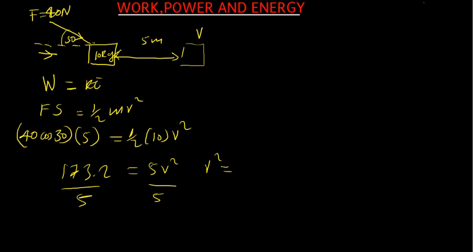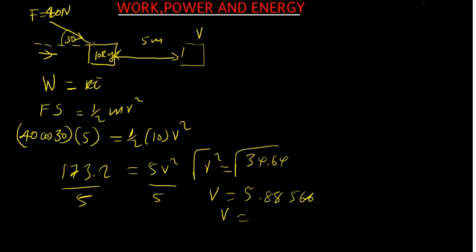That is going to give 34.64. So to remain with v, we are going to take the square root on both sides. So that is going to give us a velocity of 5.88566, which we can simply say as 6 meters per second. So that is the final velocity when it covers a certain distance of 5 meters, if that is the case.